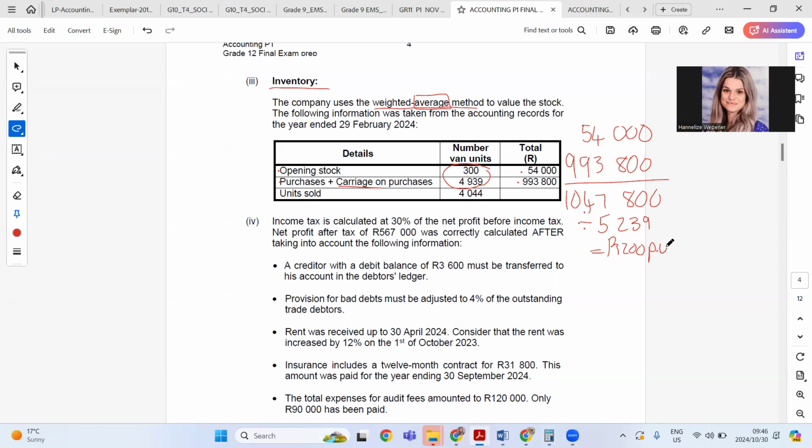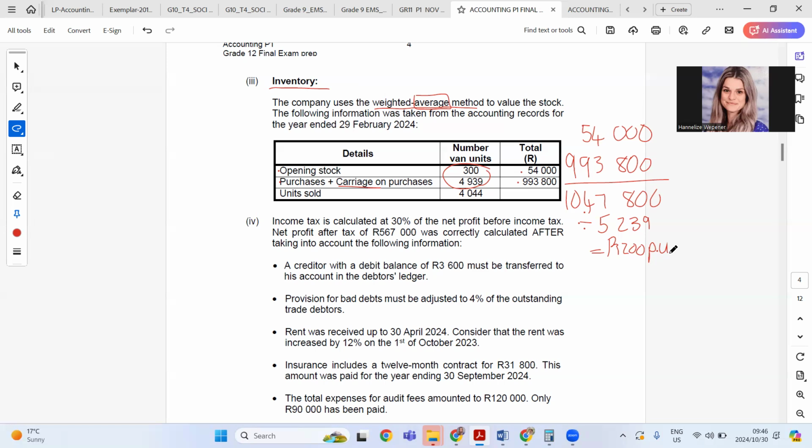So all the units you have available at year end are at 200 Rand per unit.